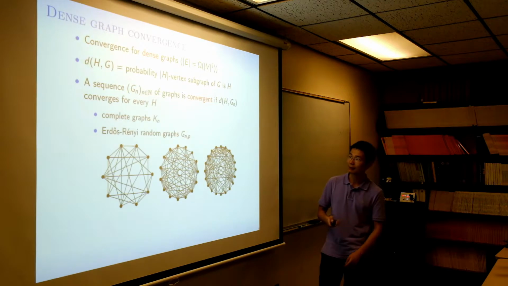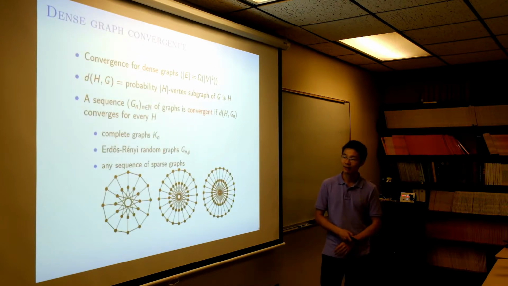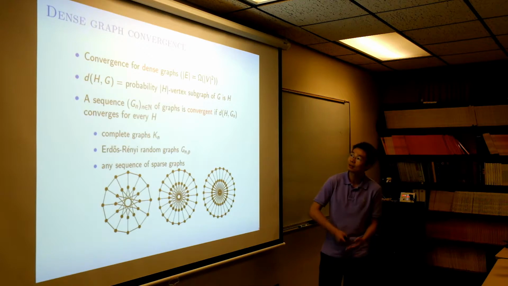But this definition is actually defined for dense graphs. You can also extend this definition to, say, sparse graphs. By sparse graph, I mean it has only little o of n squared edges. But the problem with sparse graphs is that any sequence of sparse graphs converges with this definition. Why?